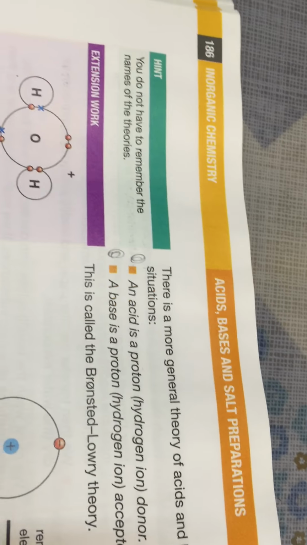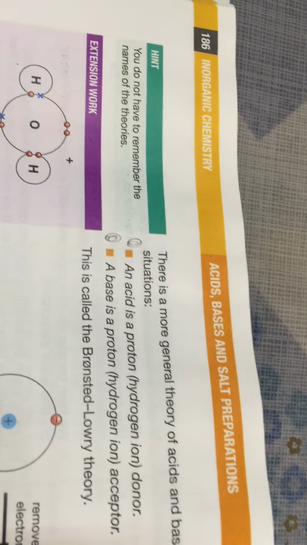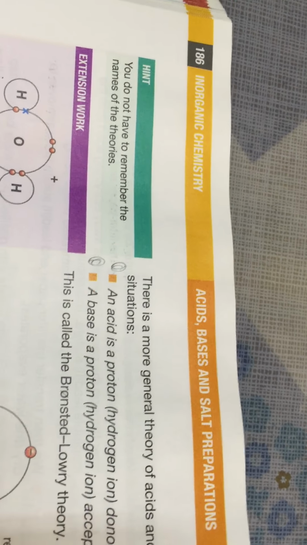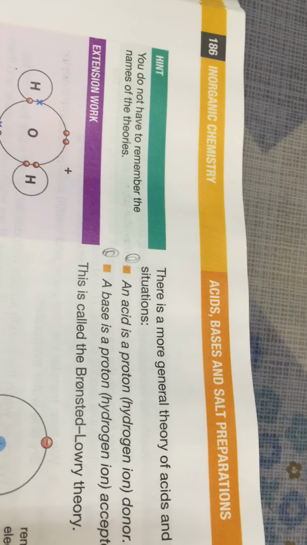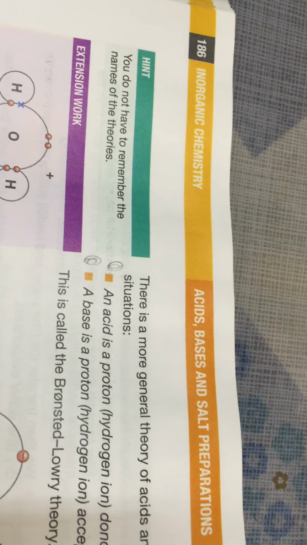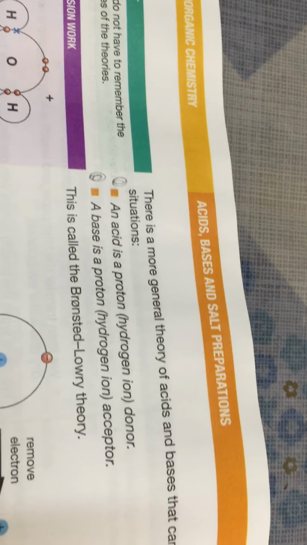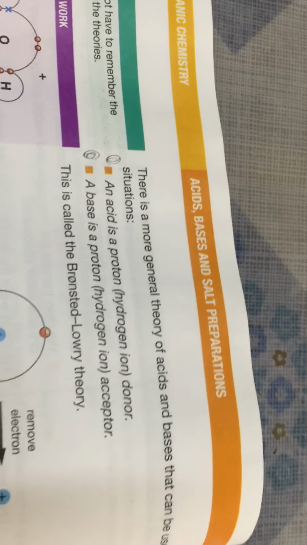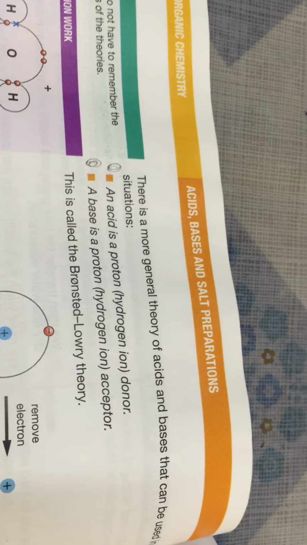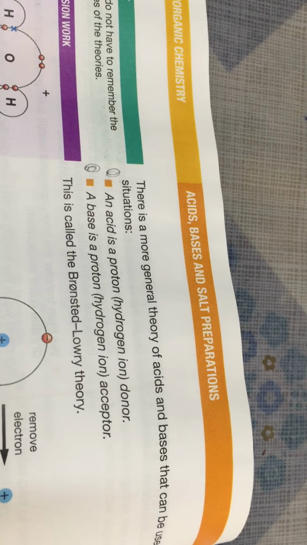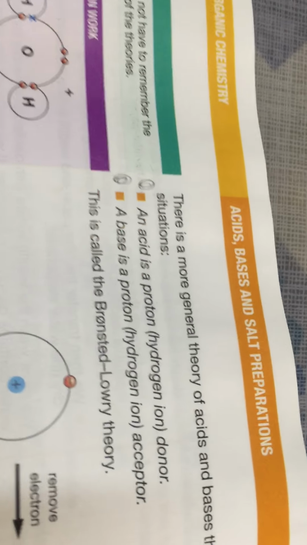But Bronsted and Lowry, two scientists, gave another definition: all acids produce hydrogen ions. We can say that acids are hydrogen donors, a supplier of hydrogen ions, but a base is the hydrogen receptor.